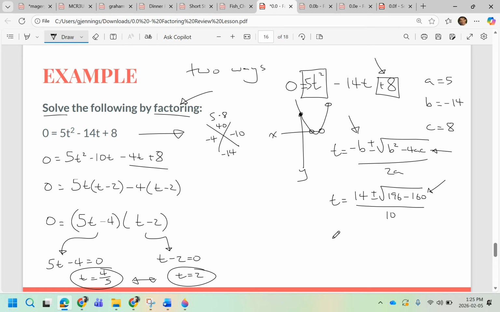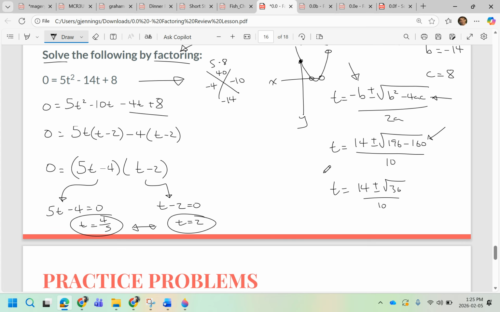I can verify that that's true, so I'm comfortable. So this is 14 plus or minus the square root of 36 over 10. So we are 14 plus or minus 6. So 14 plus 6 gives us 20 over 10. So t equals 2. Or 14 minus 6 is 8 over 10, which is 4/5. We already knew that.